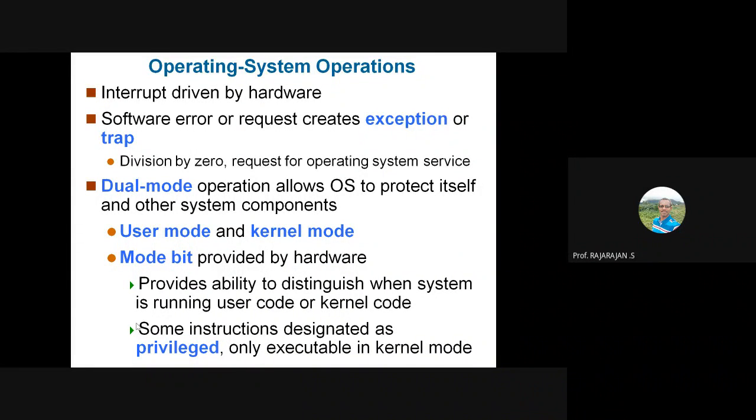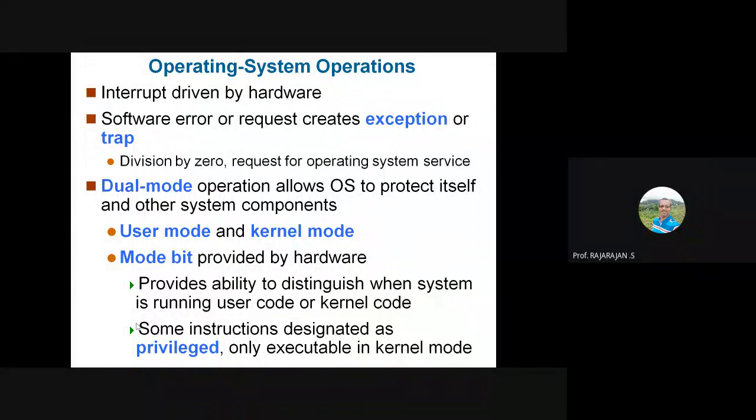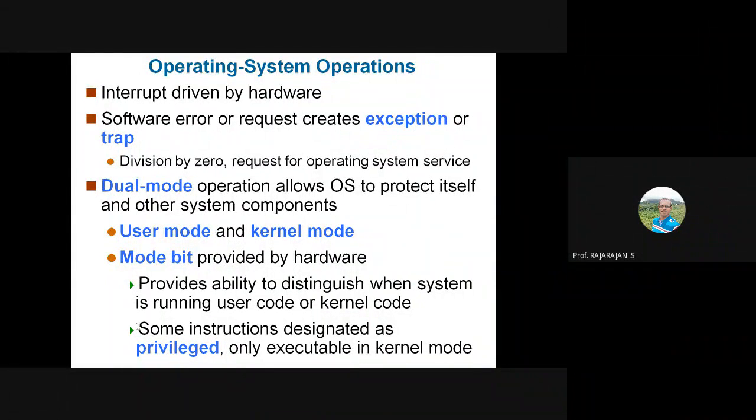This is indicated with the help of the mode bit, which is in the PSW. The program status word is a register which contains a mode bit through which the current mode is recognized. Only under the kernel mode are all the privileged instructions executed.